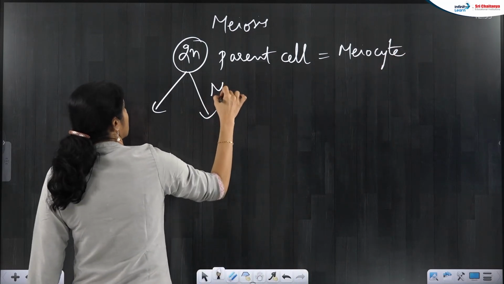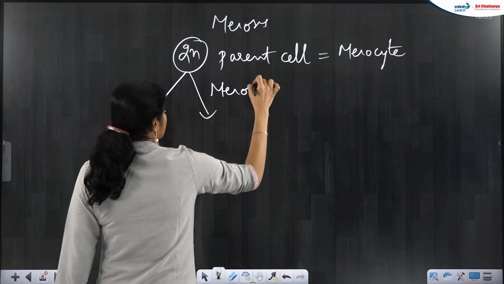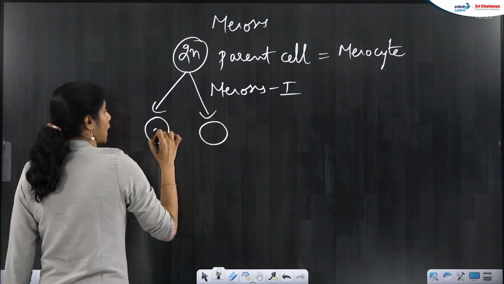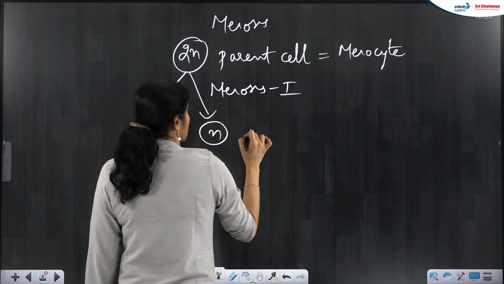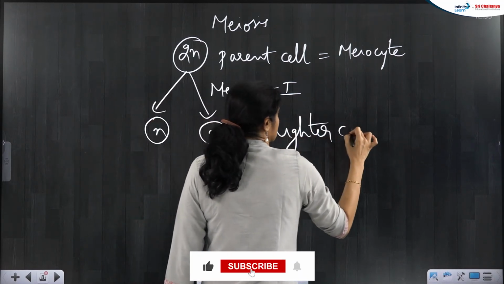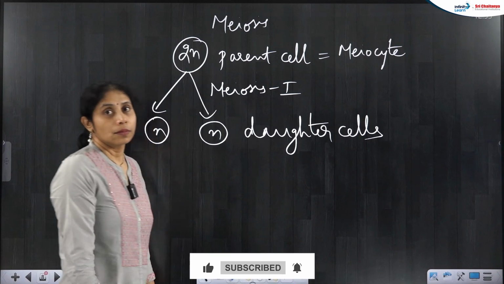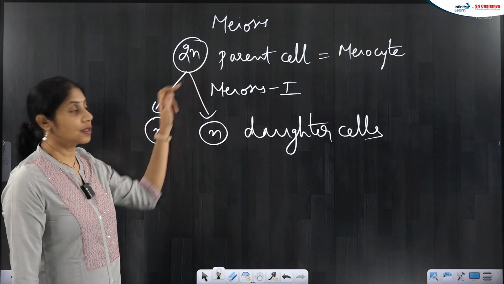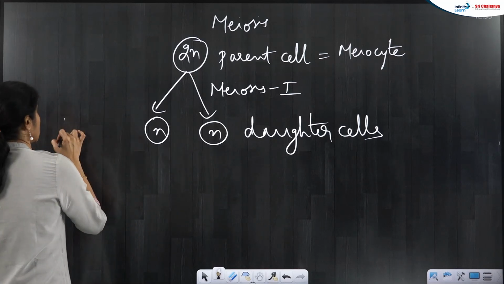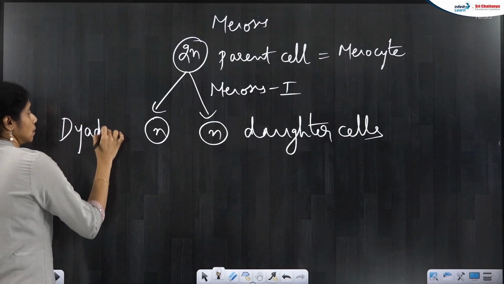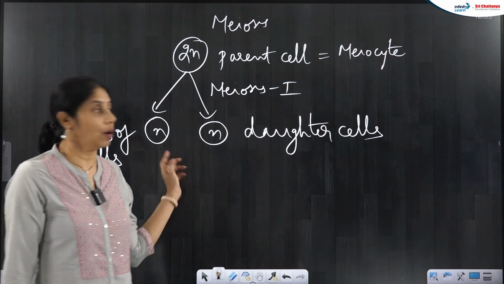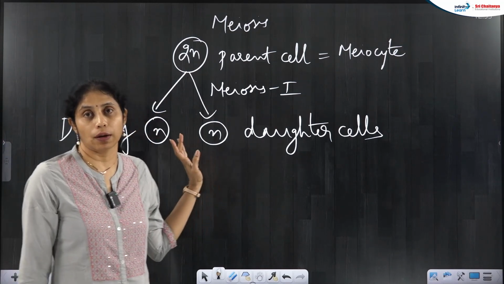By the end of meiosis 1, it will divide into two daughter cells which are haploid in nature. So the diploid parent cell will split into two daughter haploid cells. These are called dyads of cells, according to NCERT.